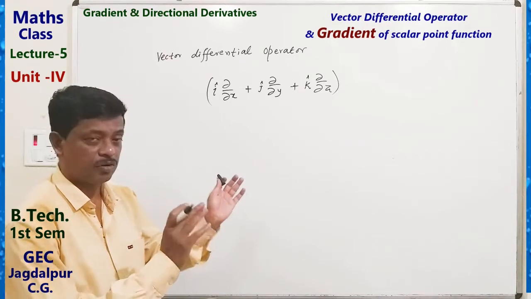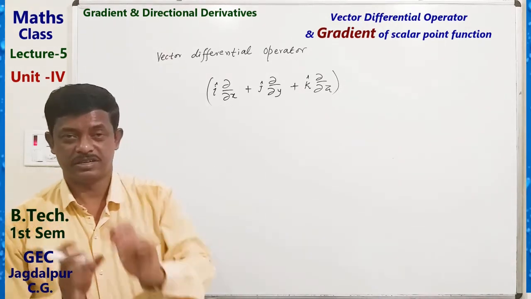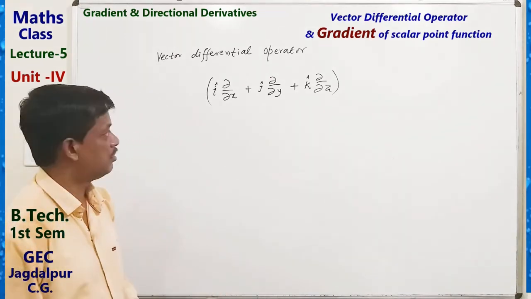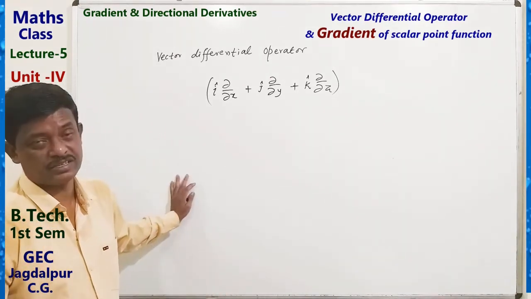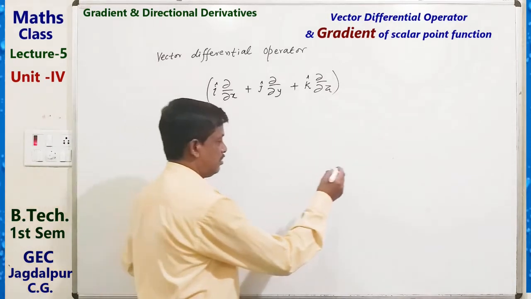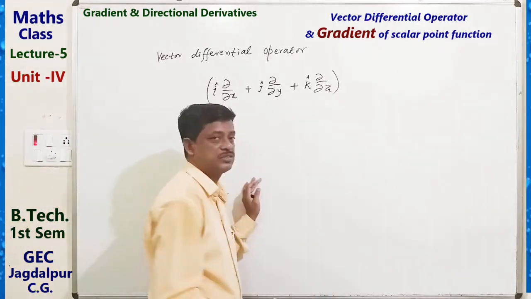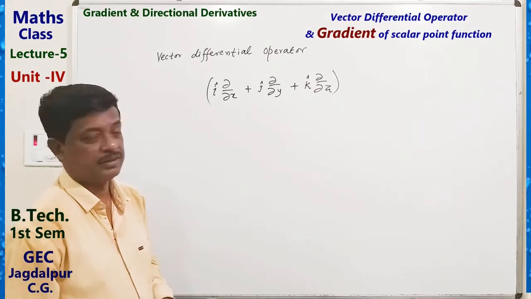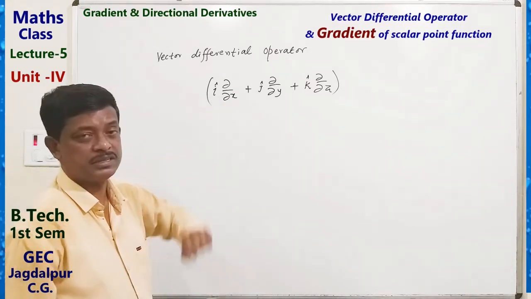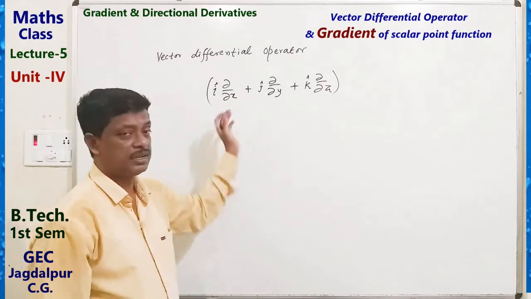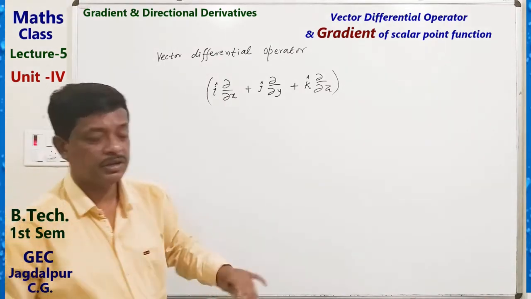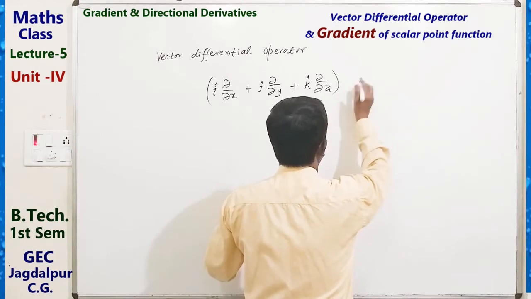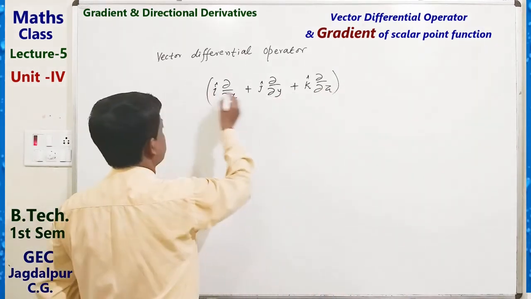This operator operates on a function, maybe a scalar point function, maybe a vector point function. So first of all, if we have a scalar point function phi x, y, z, then we can apply this operator on it.